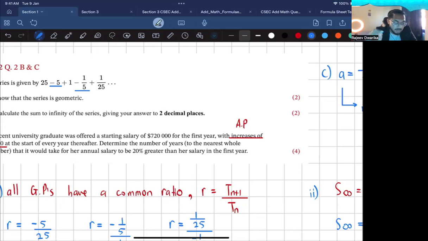If you see greater, do you think you should add or subtract? Add. So 100% would be the original amount of money, and then 20% would be the increase. So 120%. What is 120% as a decimal?